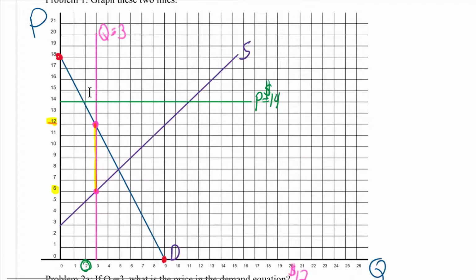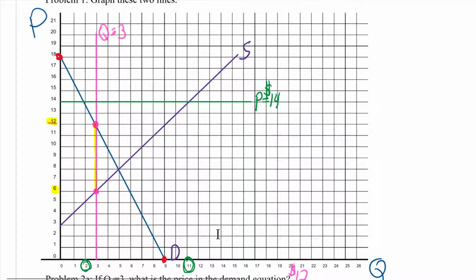Now, what about the suppliers? What if the price was 14? Well, the supply curve at a price of $14 says that suppliers would be willing to sell 11 at a price of $14.